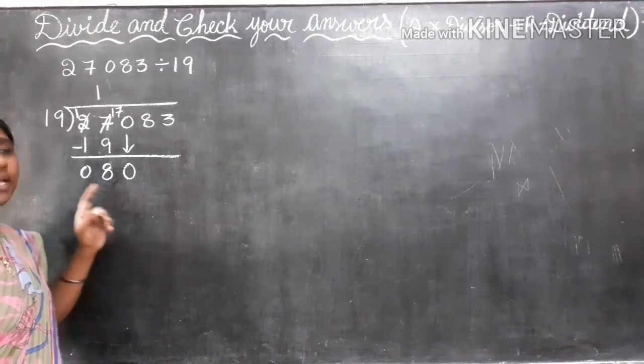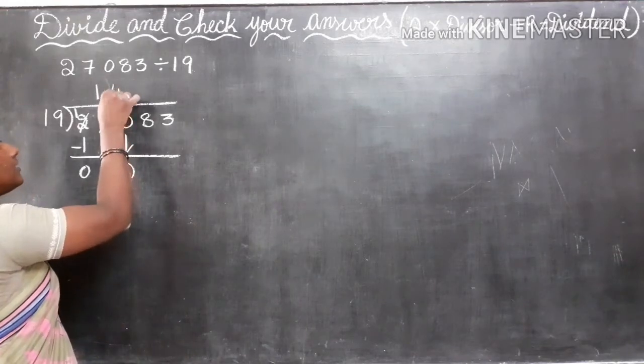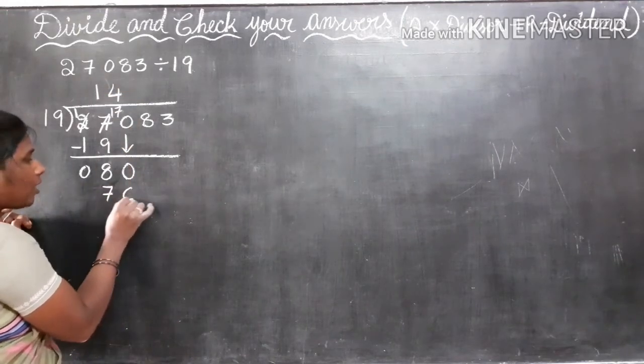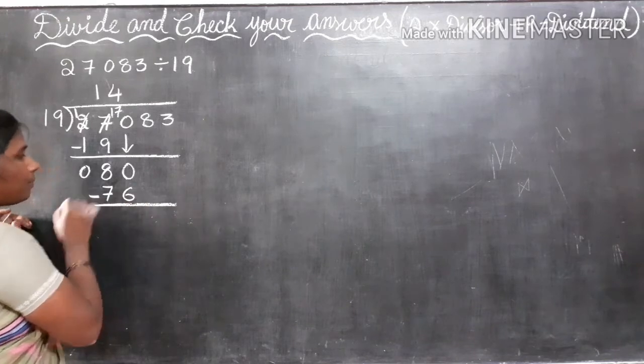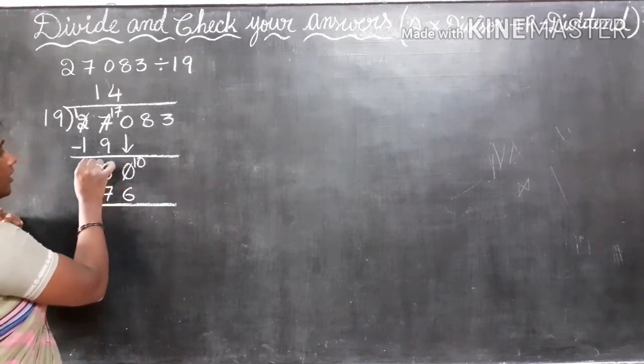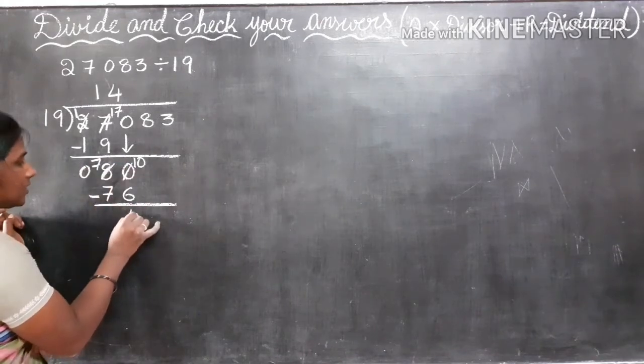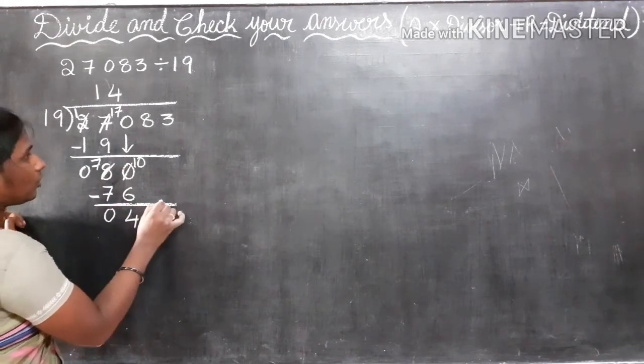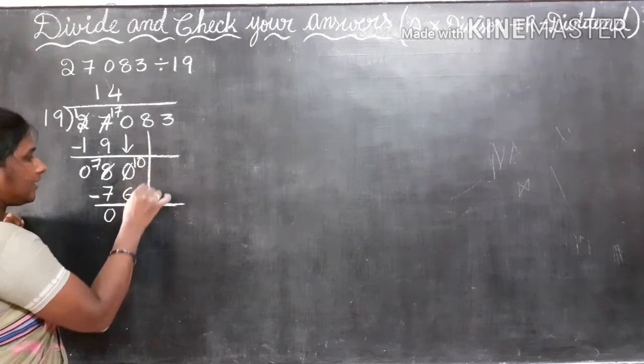So we have to take 19 fours are 76. Minus: here 10, here 7. 10 minus 6, 4. 7 minus 7, 0. Next take 8.